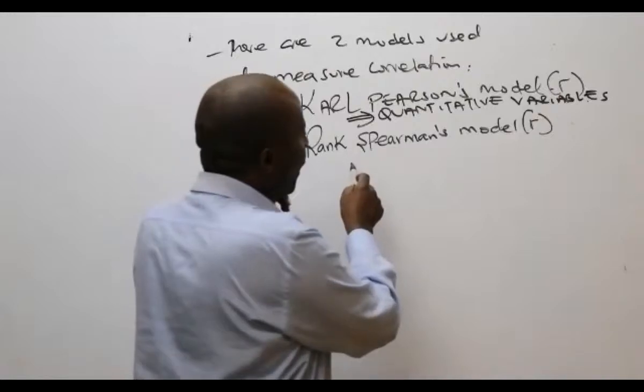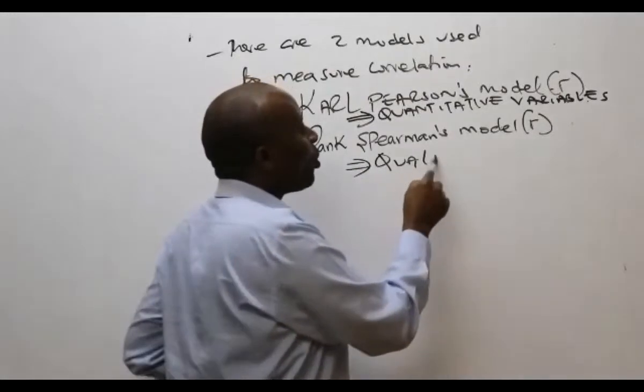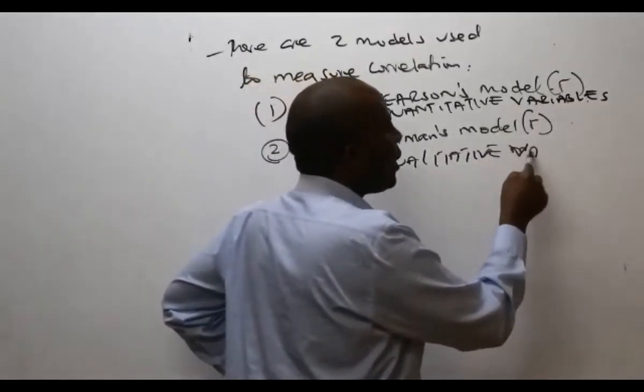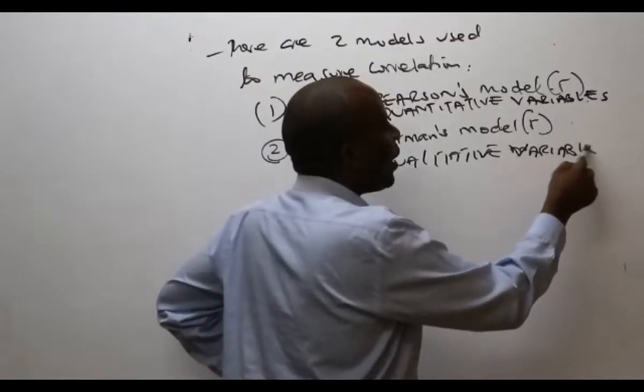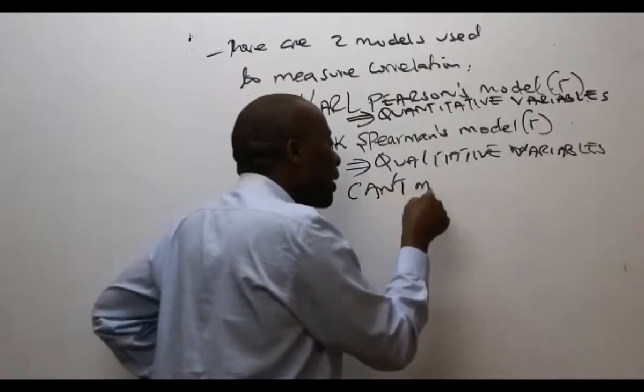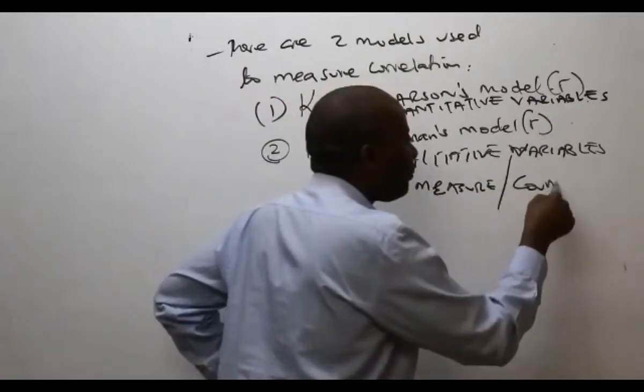How about Spearman's? We normally use the Rank Spearman's model, ladies and gentlemen, to capture what we call qualitative variables. Qualitative variables are those variables you cannot measure and cannot count.